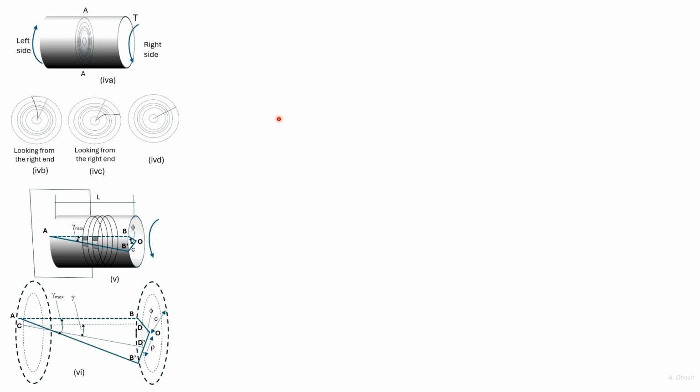Here again, we consider that the outer concentric circles have greater angular rotation than the inner concentric circles. Then a straight line after torque has been applied will bend as shown towards the right.